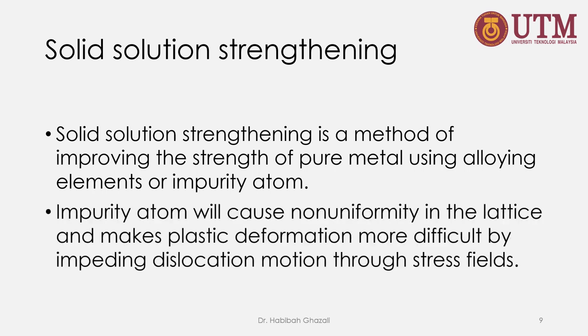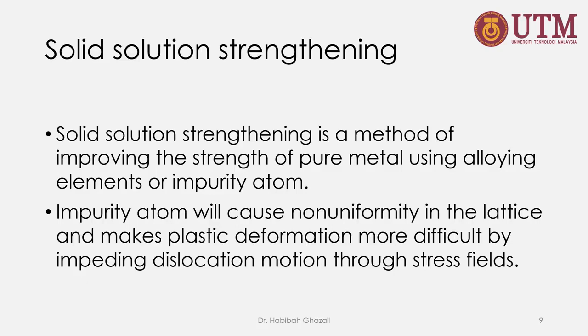Impurity atoms will cause non-uniformity in the lattice, and it will make plastic deformation more difficult by impeding dislocation motion through the stress fields created by the impurity atom. Due to their blocking of the dislocation movement, the lattice planes can no longer slide off easily. So the deformation of the lattice occurs only at significantly high shear stresses, since the lattice distortion must be overcome.